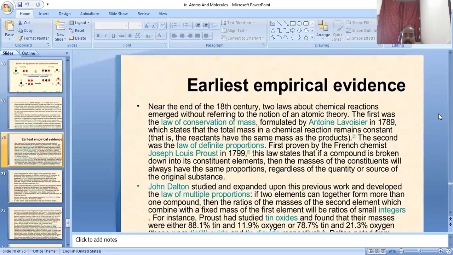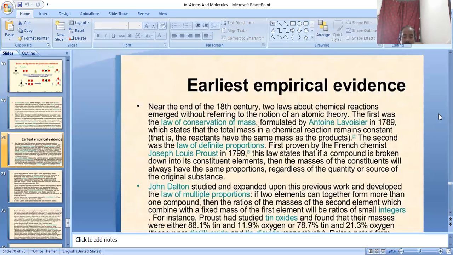So this is the law of definite proportion, or law of constant proportion, represented by Joseph Louis Proust.